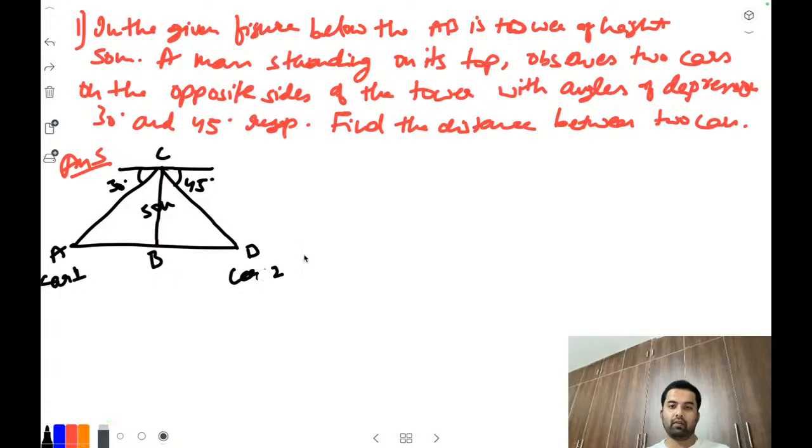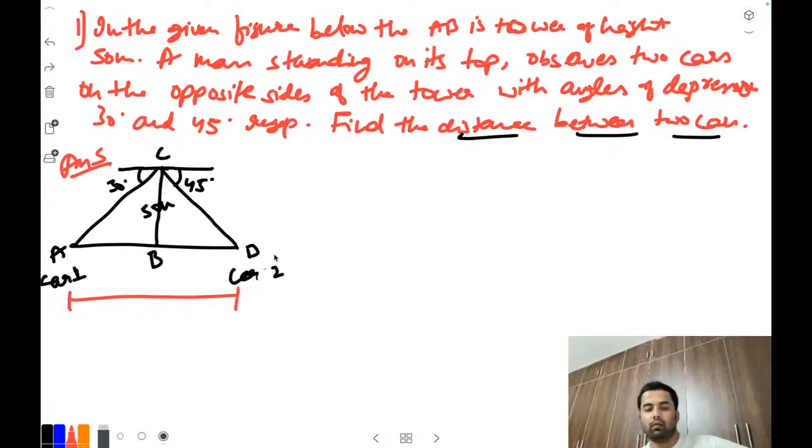The question is asking to find the distance between the two cars, which means AD. The values are given. We need the AB value and the BD value also. If we get BD and AB, we will add them and get the answer.